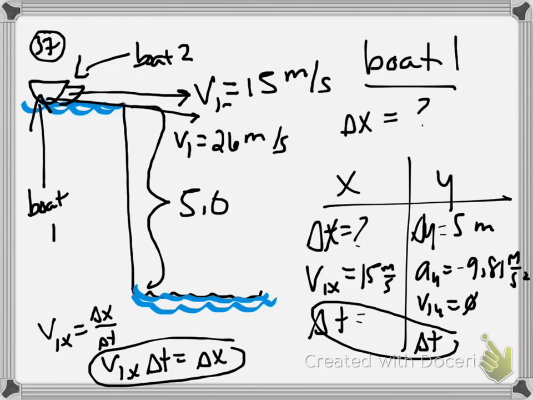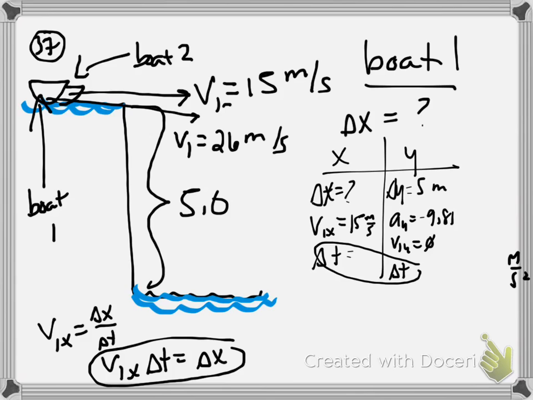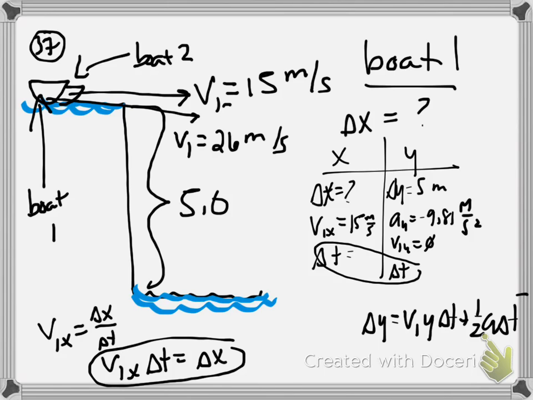Well, now you have to create an expression for delta y using the information you've got on the y-axis. Okay, so on the y-axis, we have delta y, we have VIY, which is 0, and we have acceleration. So this looks like a fantastic place to use this and solve for delta t.